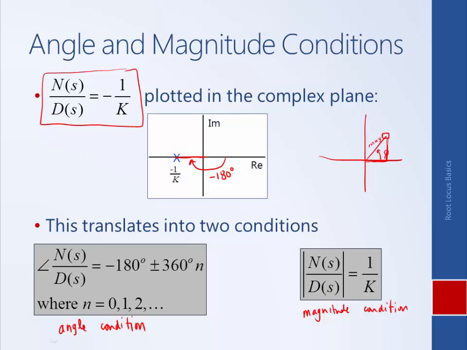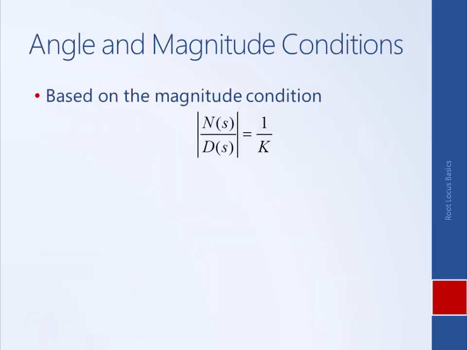Okay. Before we do that, though, let's take a look at the big picture. So recalling the magnitude condition, let's think about what happens as k goes to 0. So as k goes to 0, we have a finite number divided by something that's getting very small, so this blows up. So this gets very large. In order for this to get very large, either the numerator needs to get large or the denominator needs to approach 0. And so think about what values of s will make the denominator approach 0.